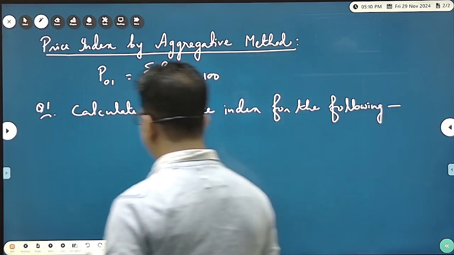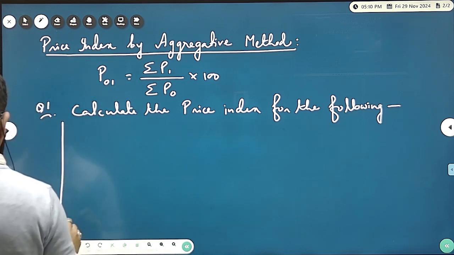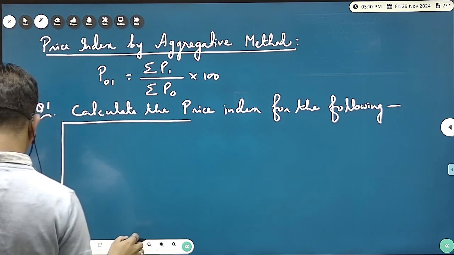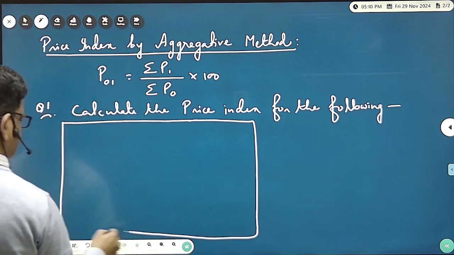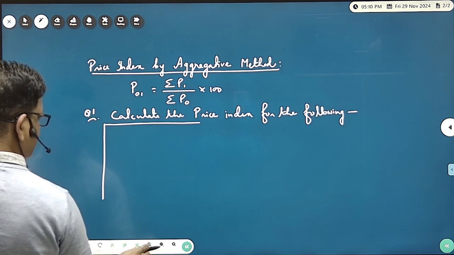So let me draw a table to explain this. Suppose this is a table. Just a minute, I need some space here. Okay, let's just, yeah, all right.